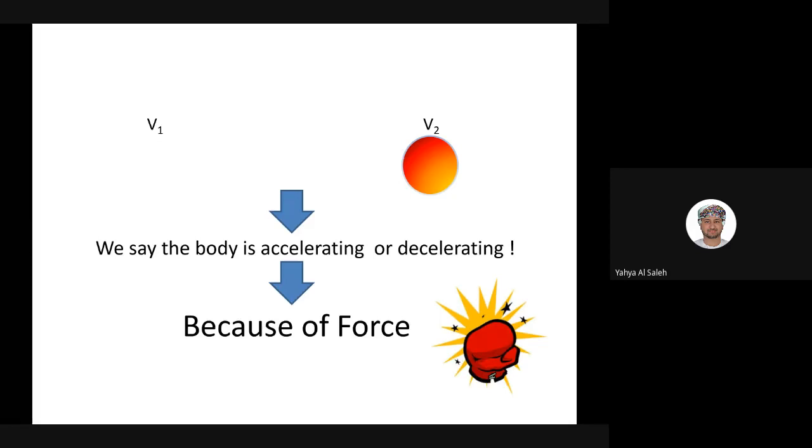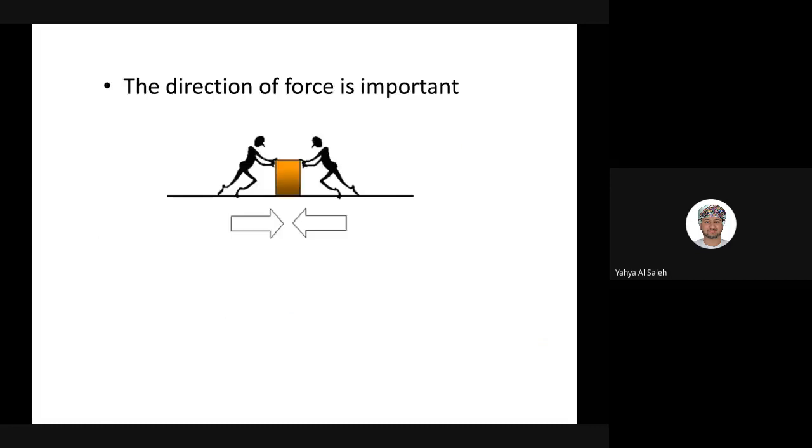Really complicated. But the effect, no matter what description we want to give it, is still the same. So let's stick to the very simplest of descriptions and build up from there. Now, force is a vector. So the direction of the force is very, very important.